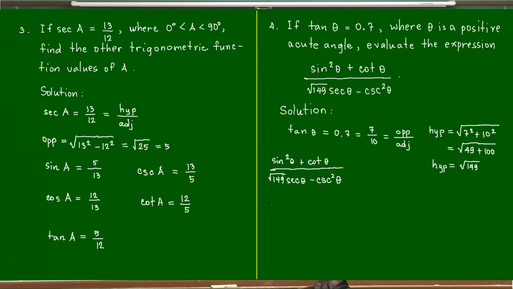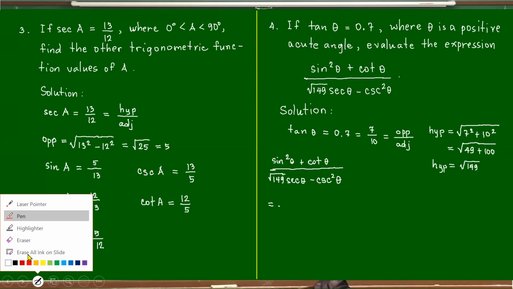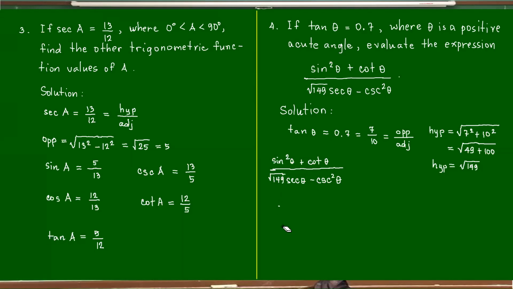Let's plug in values. For sine theta, how do you define sine theta? That is opposite, which is 7, over the square root of 149, but we have to square it.